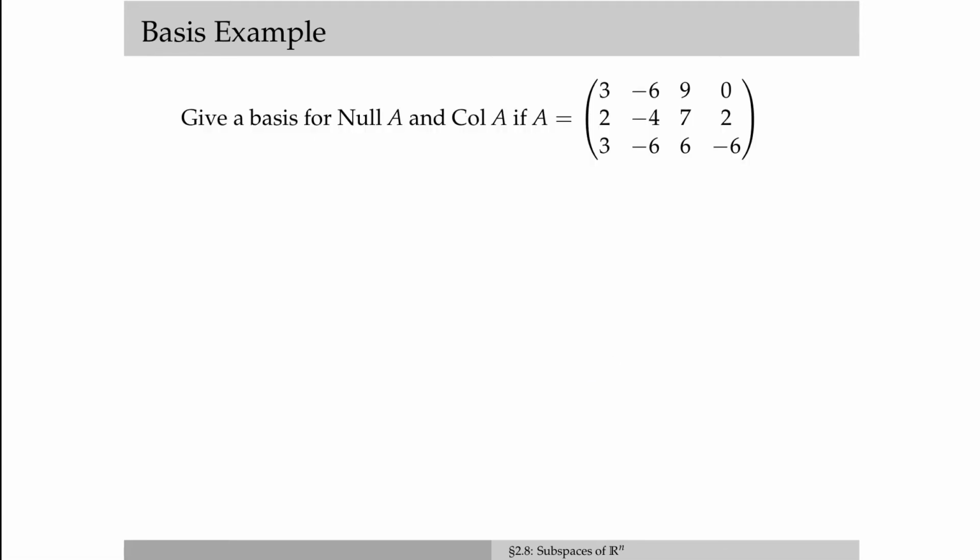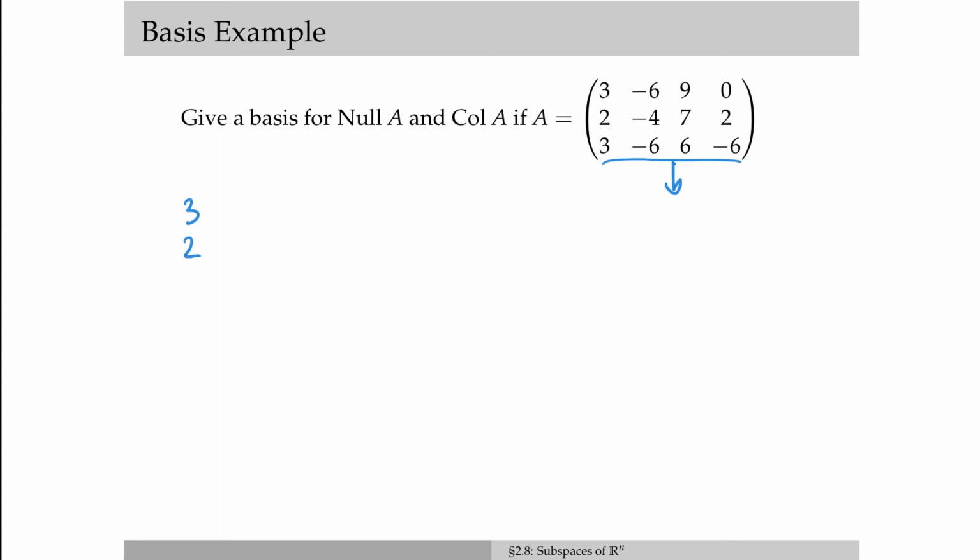All right, let me actually back up a slide. Now what I want to do here is give a basis for the null space and column space of A, if that is my particular matrix. To start off, what we'll do is put this in reduced row echelon form.